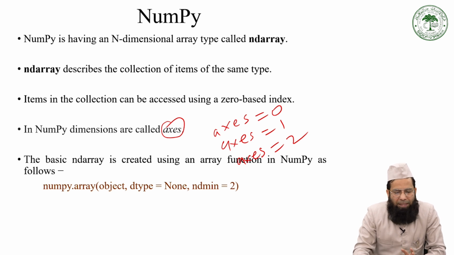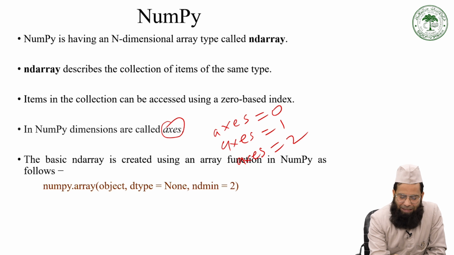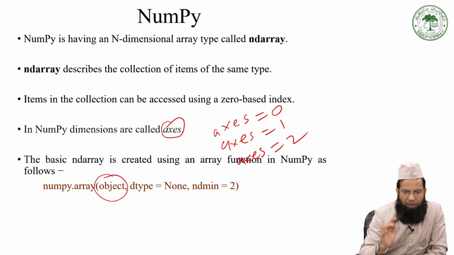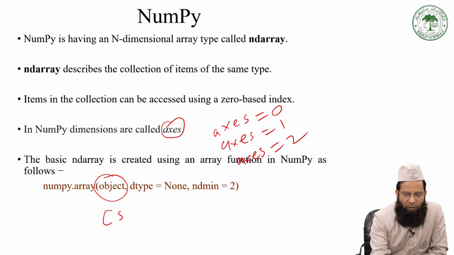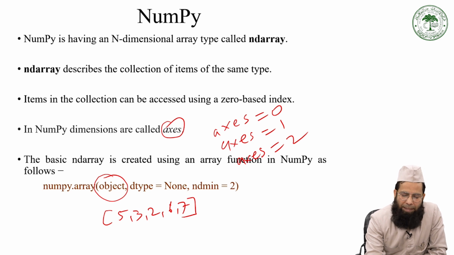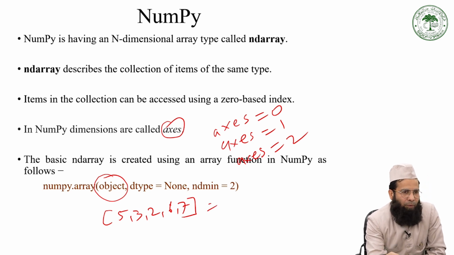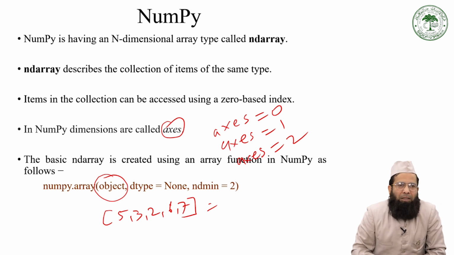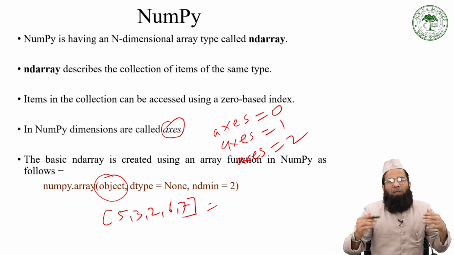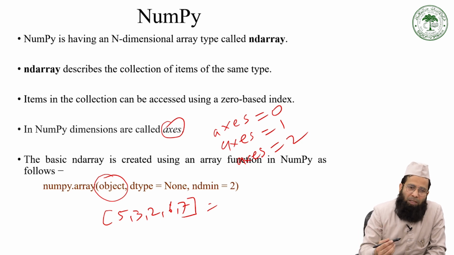The basic ndarray is created using the array function. In this case, you can create a NumPy array. Object means the data that you want to pass. Let's say the object is 5, 3, 2, 6, 7. And for the data type, you can supply any data type, whether it is integer, float, complex number, and different types of integers, such as 8-bit, 16-bit, 32-bit integer.